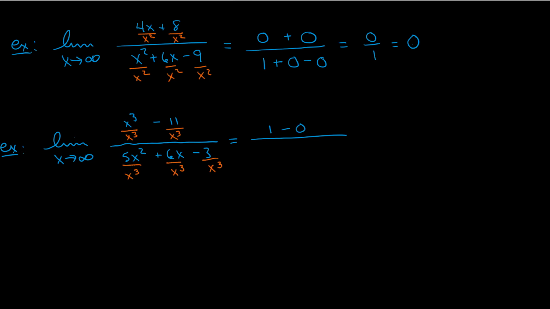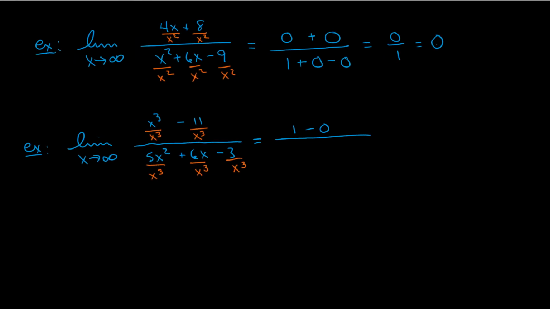Now take a look at what happens in the denominator. On this first term, you can cancel out an x squared, and this gives you a 5 over x. Well, if we have 5 over x, and x is going to infinity, it's going to be 5 over a million, 5 over a billion, 5 over something really big, and we get 0.